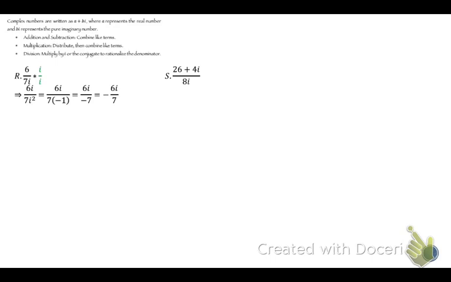This one, so 26 plus 4i divided by 8i. We're going to multiply by i over i. So that's going to be 26i plus 4i squared over 8i squared. Now we have two i squareds here, so I'm just going to substitute in negative 1. So that's going to be 26i minus 4 divided by negative 8. And then I want to reduce this, so 2 goes into all of those.